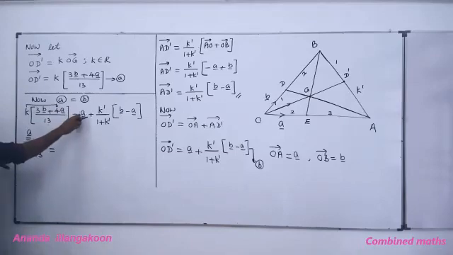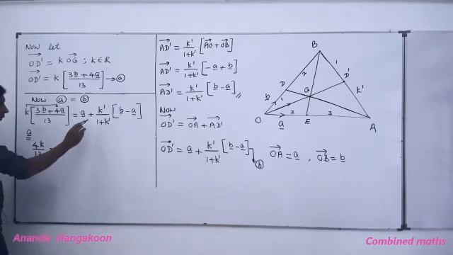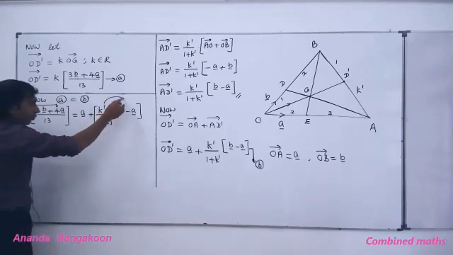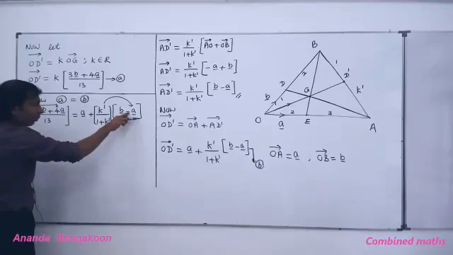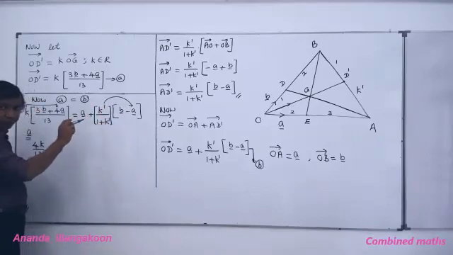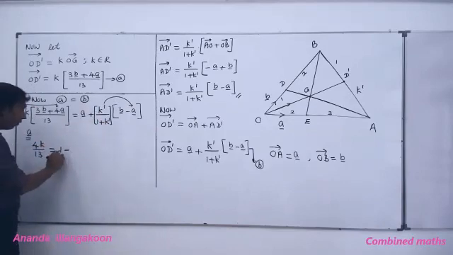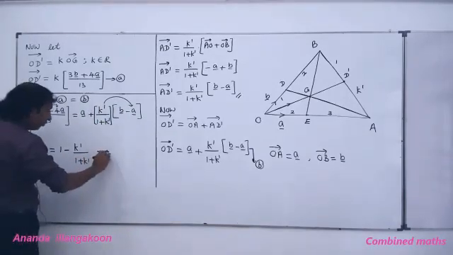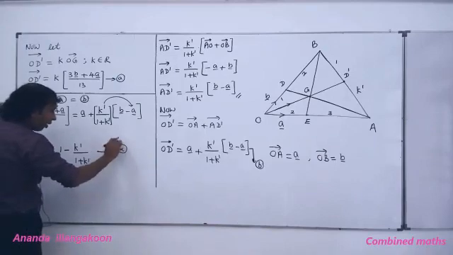On the right hand side, here one, by this whole thing, you have to remove this bracket. Here we have a minus sign, so the coefficient of A on the right hand side is minus K' upon 1 plus K'. You take this as equation alpha.